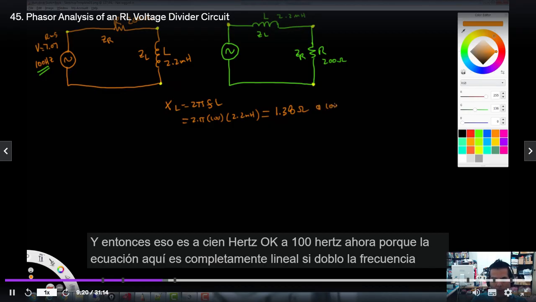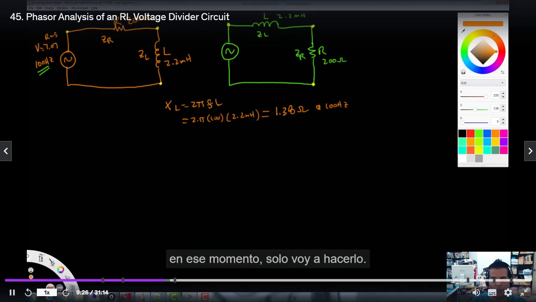Now, because the equation here is completely linear, if I double the frequency, this would be like 200 hertz, then this resistance would double. Seem reasonable? So it's linear. So at 100 hertz, it's this, all right? At 1,000 hertz, it would be 10 times this, right?